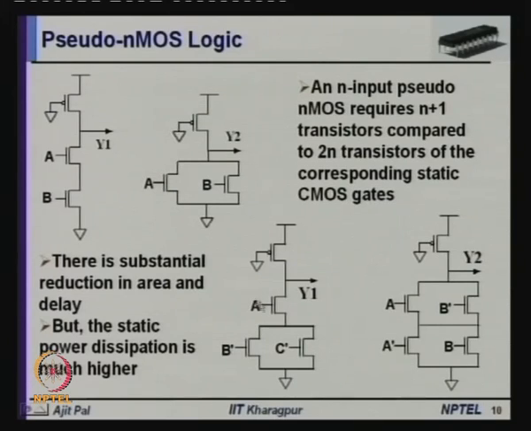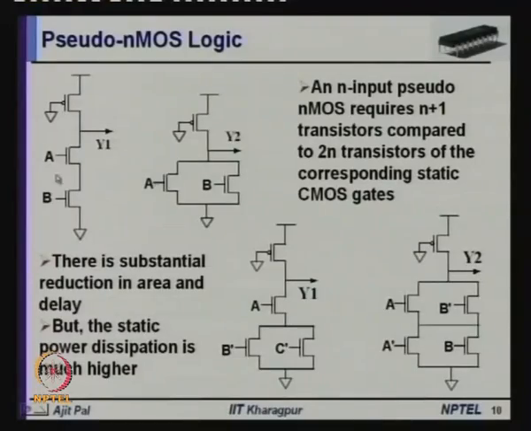We find that the number of transistors is not 2n, but n plus 1. That means the number of transistors required in pseudo-nMOS for realizing a function with fan-in of n is not 2n, but n plus 1. That is a significant saving whenever you consider functions with a large fan-in, say 100 inputs. Instead of 200 transistors, you will require 101 transistors.